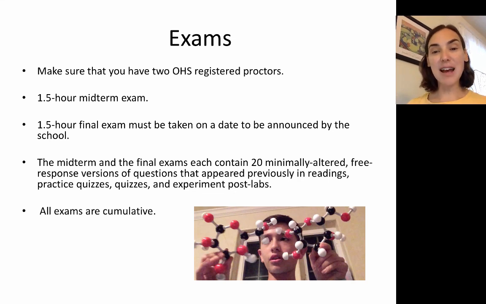They will have 20 questions. They're minimally altered, free response versions of questions that appear on other assessments for this course. So you know what to do to study. Just look back at your quizzes, homework experiments, reading questions, and practice quizzes, and make sure that you're all set with all the answers to those. And all exams are cumulative.